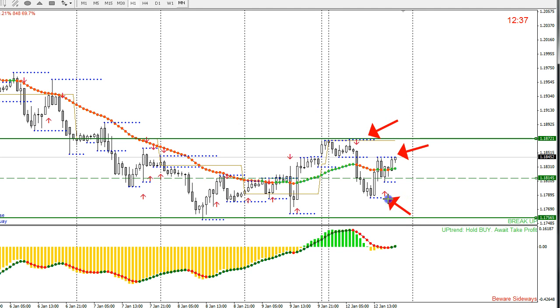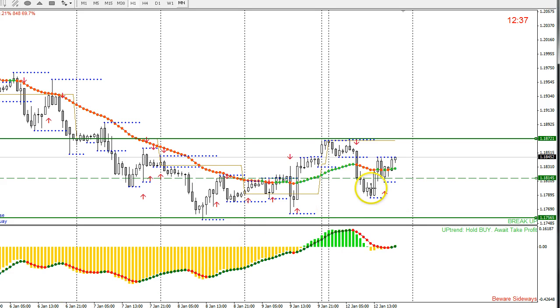On the short side, this would be the first entry, and this would be the second entry. So let's look at each entry individually on the stop loss and get an idea.